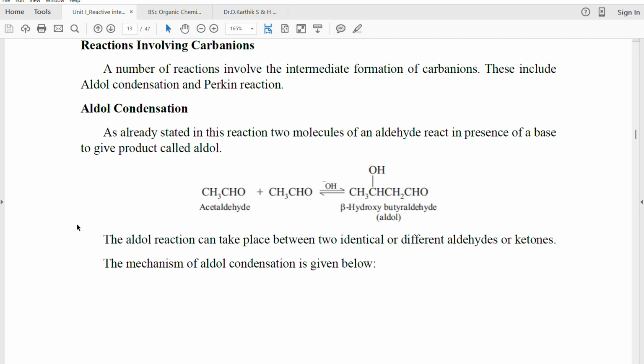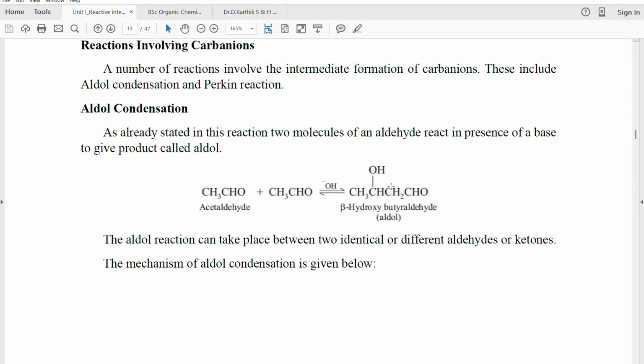A simple removal which unites two groups. For example, here we take two aldehyde groups, and by removing the water we will have a compound like the aldol, that is called beta hydroxy butyraldehyde.